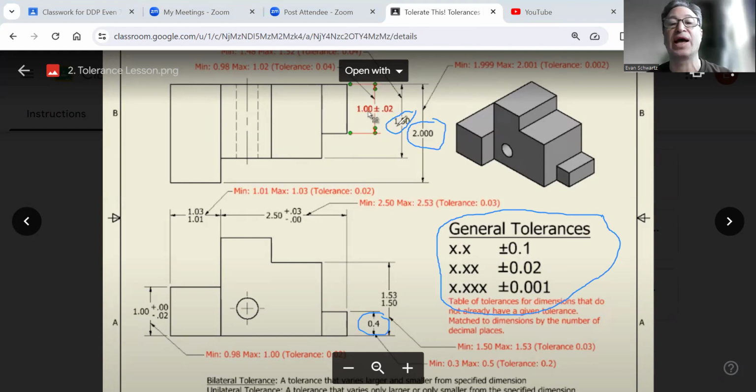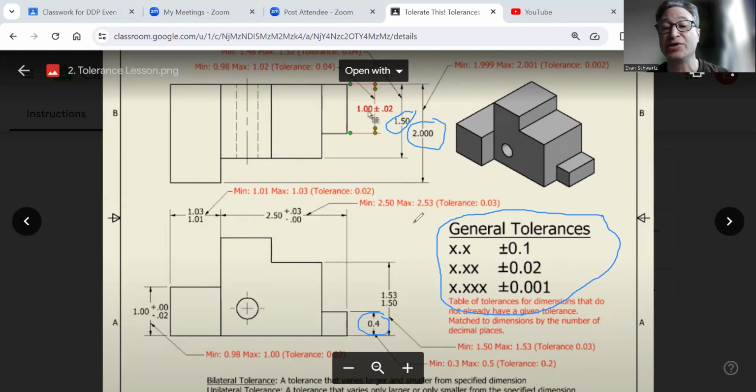So if we were to look at the 1.5, which has 2 places at the decimal, we would be looking at this right here where there's 2 places. So this is going to be getting as large as 1.52 or as small as 1.48.